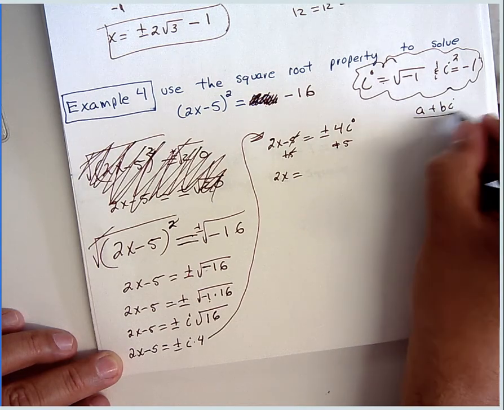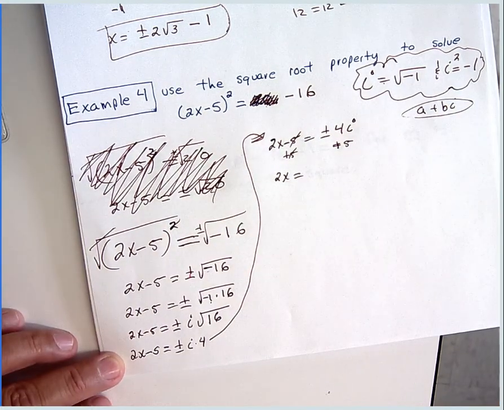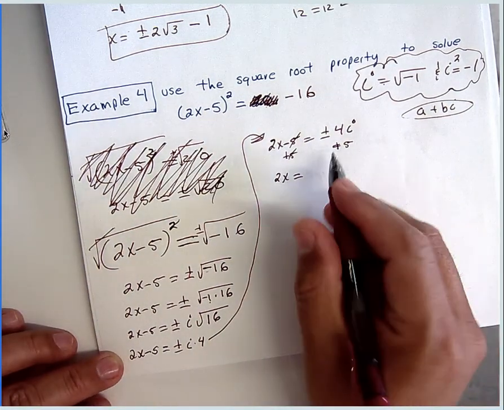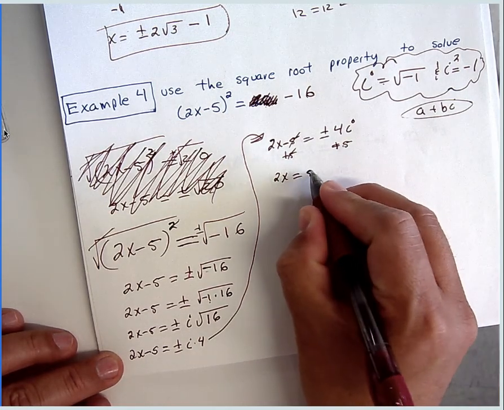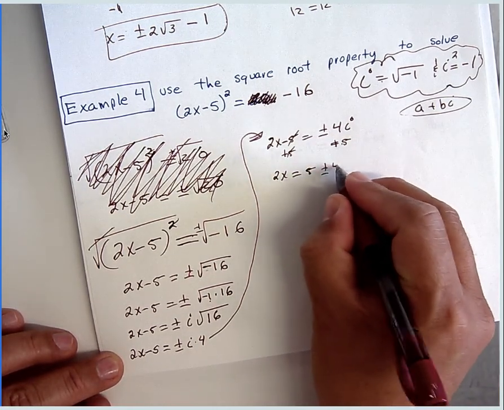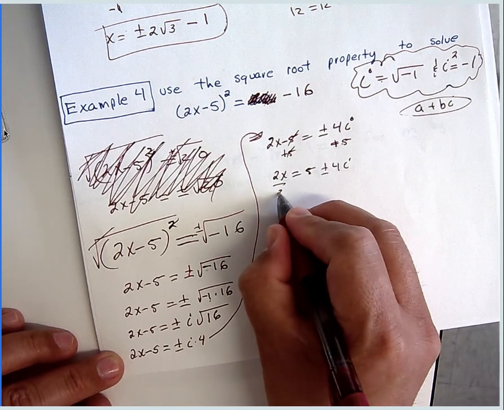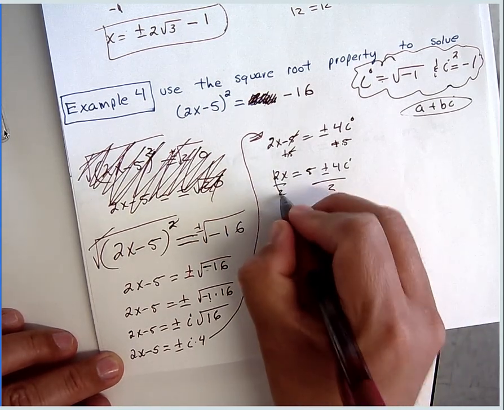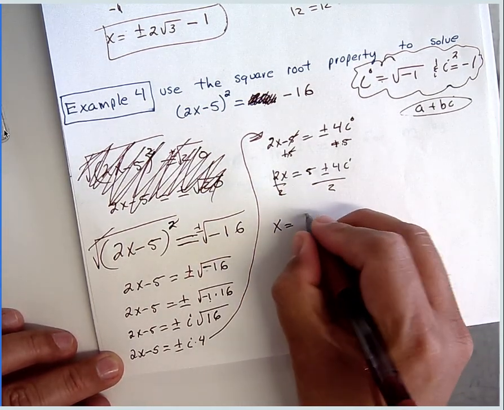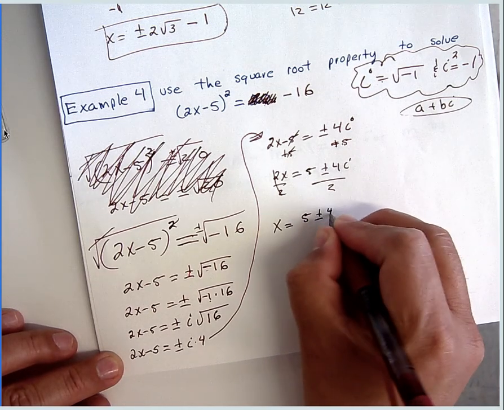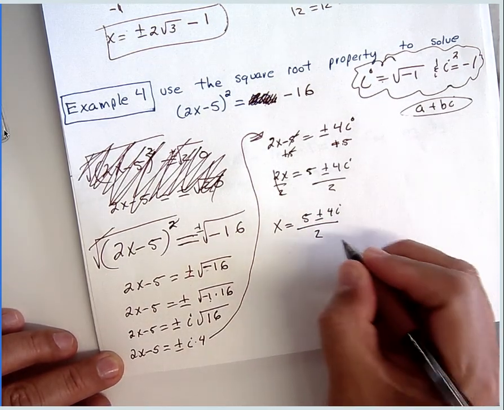So I'm going to put the number in front and then plus minus 4i. And then we divide. So x equals 5 plus minus 4i over 2.